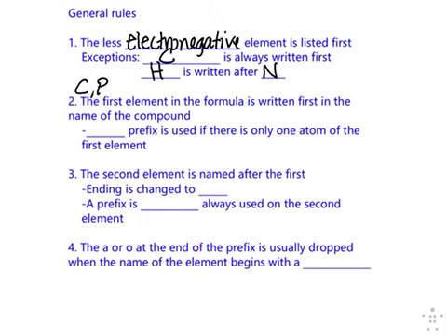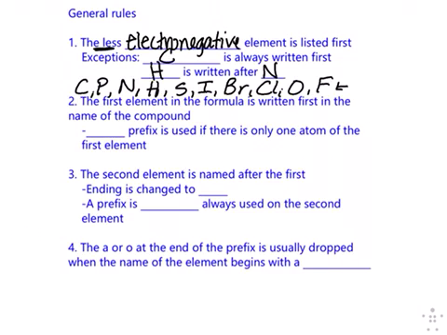C will go first, and then phosphorus, followed by nitrogen, hydrogen, sulfur, iodine, bromine, chlorine, oxygen, and then fluorine will be the last one. This kind of makes sense because fluorine is the most electronegative element out there. And so that follows this rule that the less electronegative element is listed first.